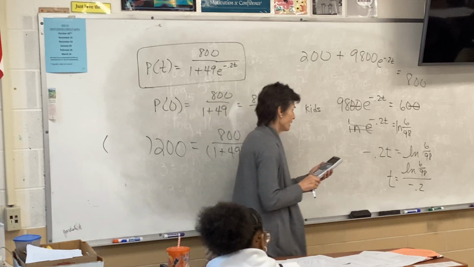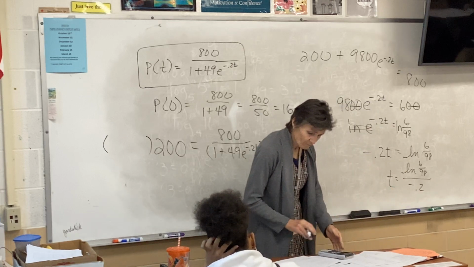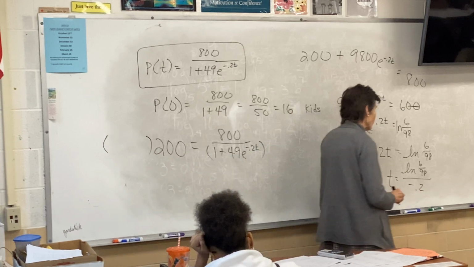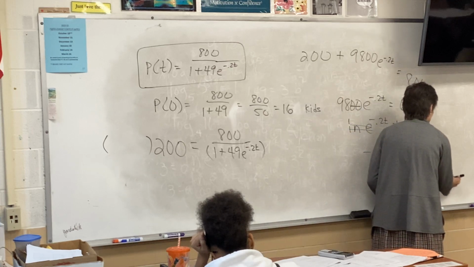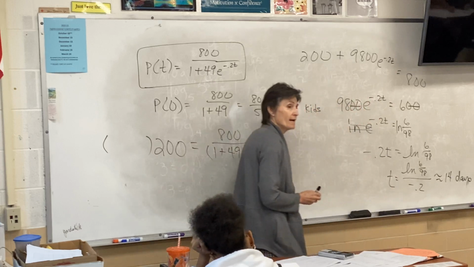I got, what was the question? When will the number of infected students be 200? I got about 14 days. Anybody else get that? Did you get about 14 days as the answer?